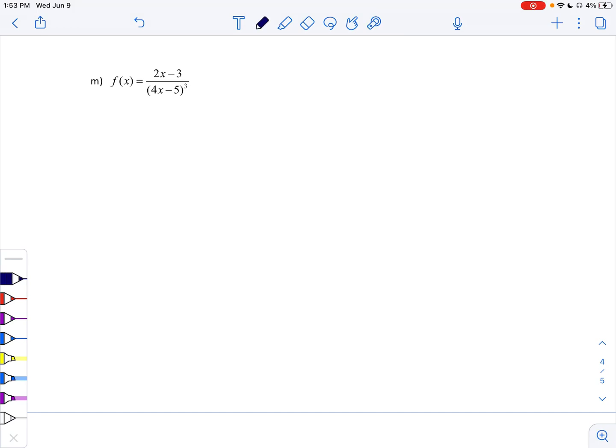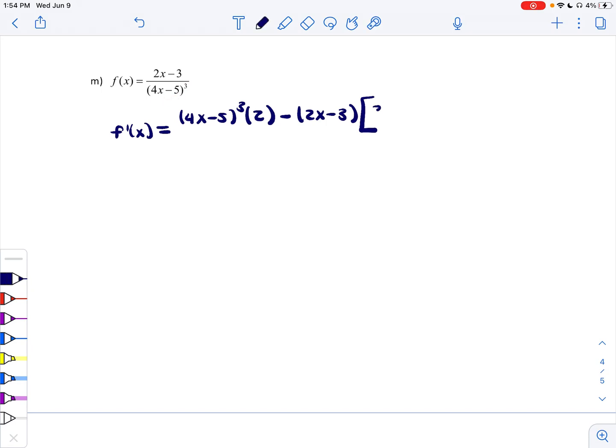All right, so if we want to find our derivative of this guy, we're going to start with our quotient rule. So the denominator times the derivative of the numerator minus the numerator times the derivative of the denominator. Okay, now this is where our chain rule comes in. So for our denominator, we have the cube on the outside, and we have the 4x minus 5 on the inside.